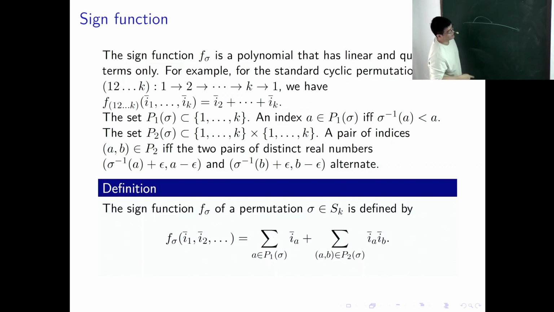You just put it in the P1, which is the linear part. You get a directed edge from left to right. And for each vertex, you draw the incoming and outgoing edges a little bit separated: the incoming edge a little bit left, and the outgoing edge a little bit right.